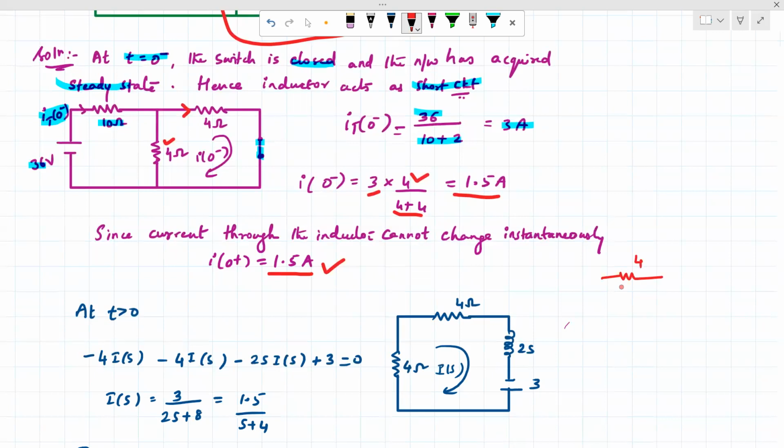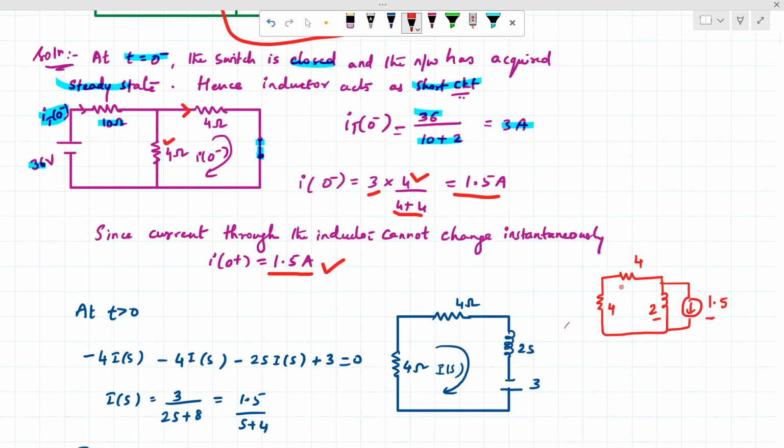There was a 4 ohm resistor, there is an inductor, and there was a current source of 1.5. So this was 2 Henry, and this was 1.5. This is the inductor value and this is the value of the current.